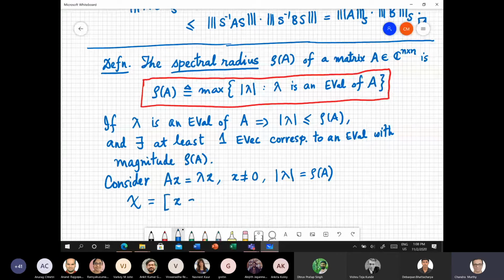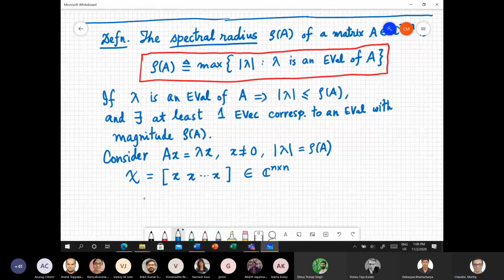So I just repeat this. Note that AX is equal to the same scalar lambda times the matrix X. That's because when you multiply each column by A, it becomes lambda times that column, and every column gets multiplied by lambda. You can pull that out of the matrix, and you have lambda times X.